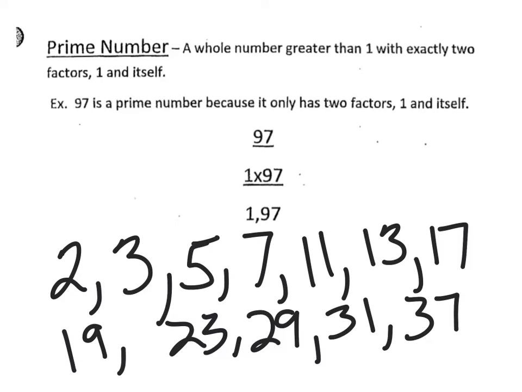And so a lot of times this is where I pause and I'm like, okay, well, what do we notice? And most kids are like, well, I see a lot of odd numbers, which is very true, with the exception of 2. So I'm going to put a little star above 2 here and just let you guys know this is what makes 2 unique. 2 is the only even prime number.